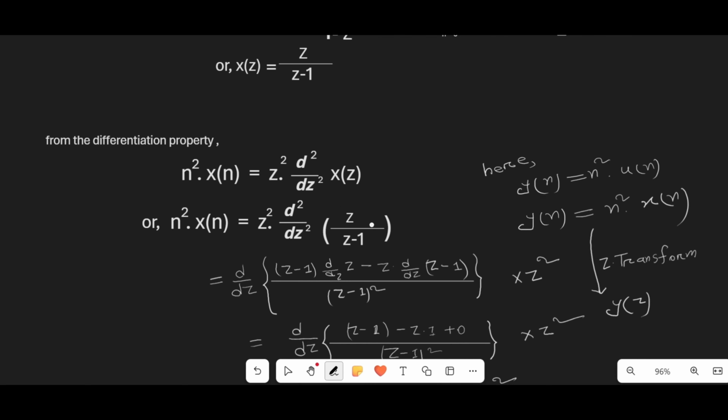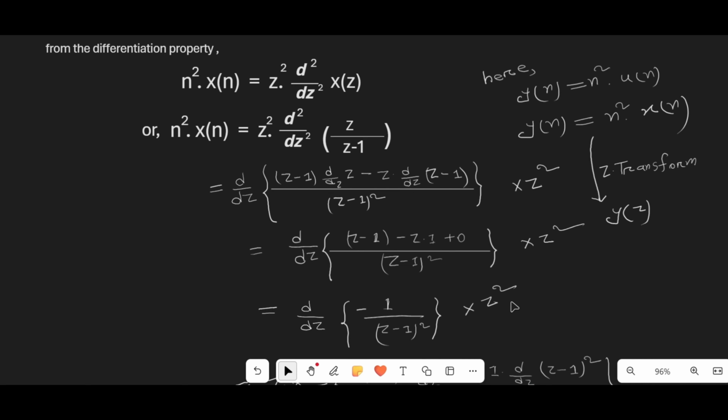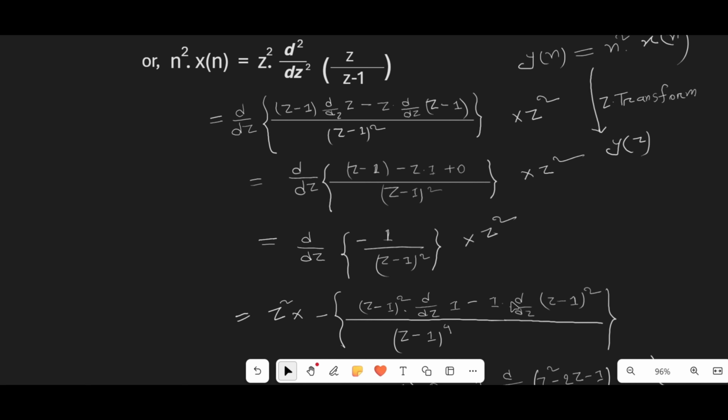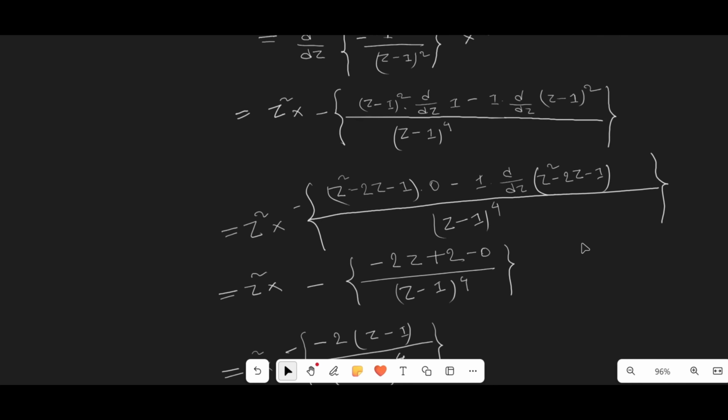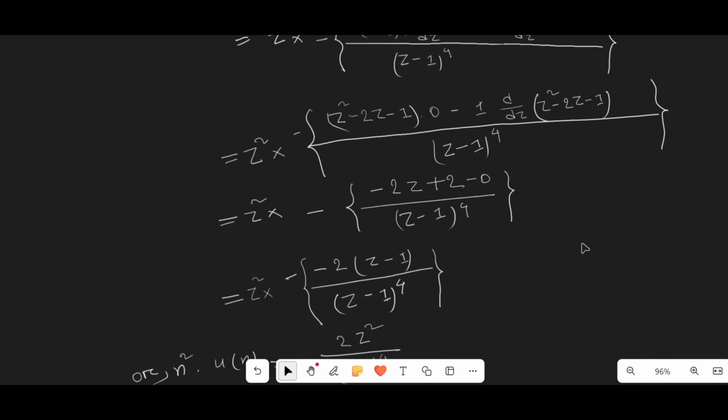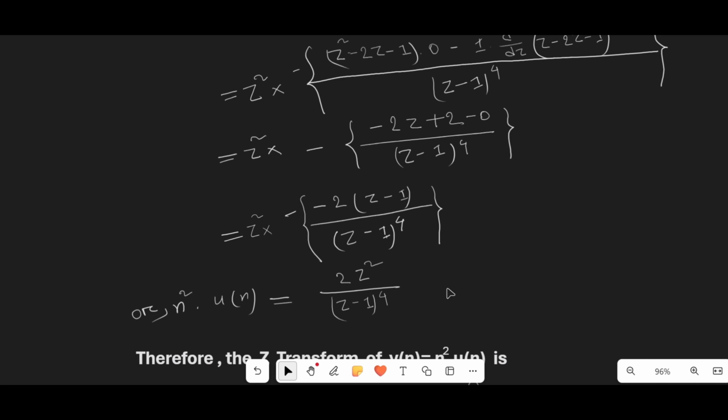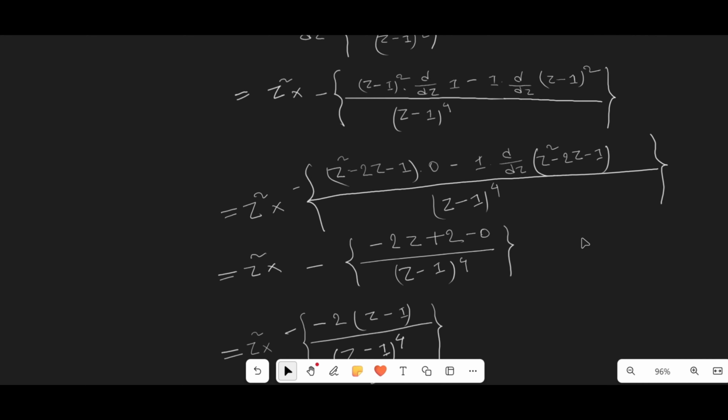X of z is z by (z minus 1), and I did the first derivative and then the second derivative, and finally the result is 2z square divided by (z minus 1) to the power 4.